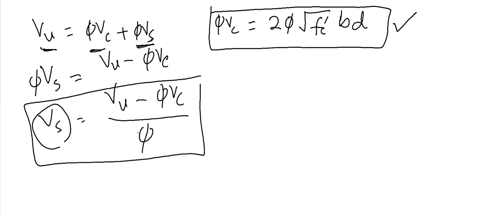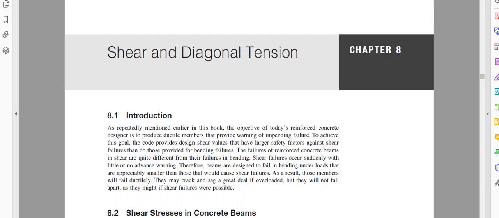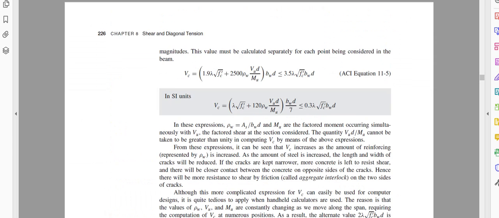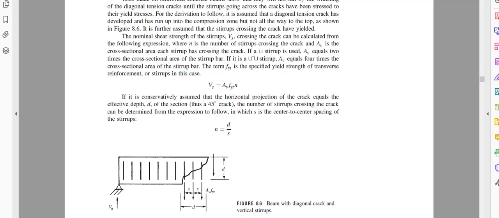Now I will go to your book to see how to calculate the spacing. So in your book, if I go down here, the total shear force taken by the shear reinforcement involves the area of the shear reinforcement, the yield stress of the shear reinforcement, and the number of bars.